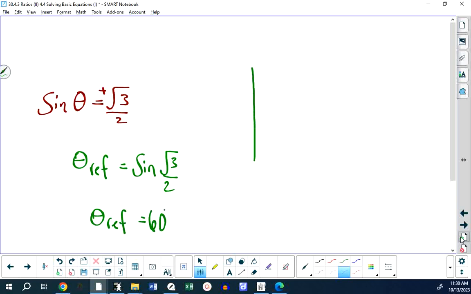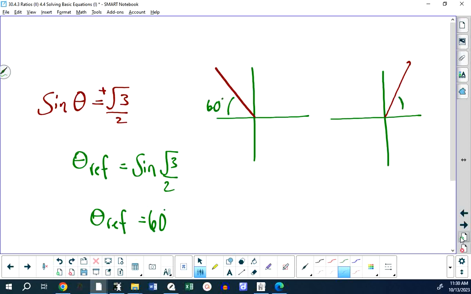In quadrant 1 and quadrant 2. So here is the 60 degrees. Here is the reference angle of 60 degrees. So what's the rotation angle? 120 and 60. You can still do it that way.